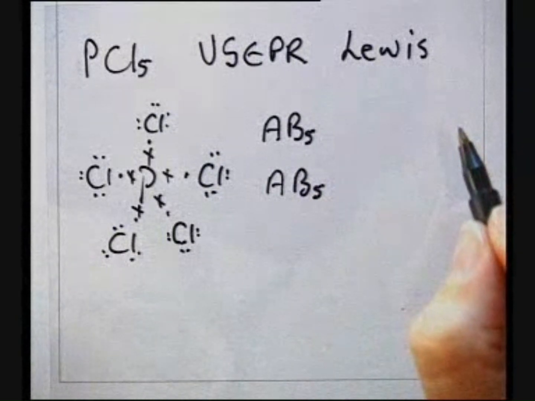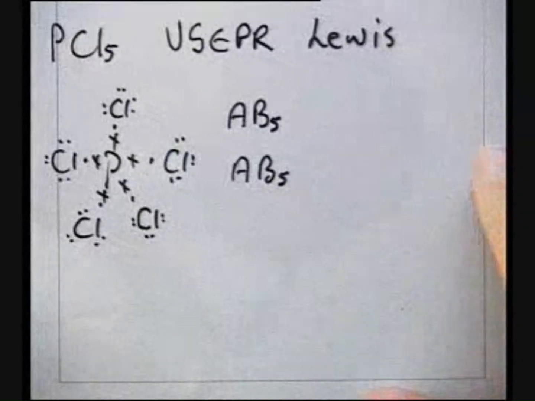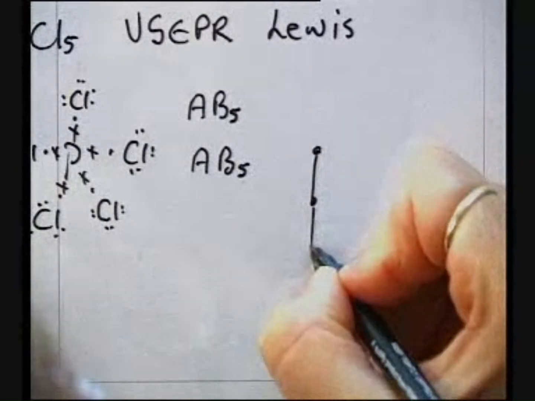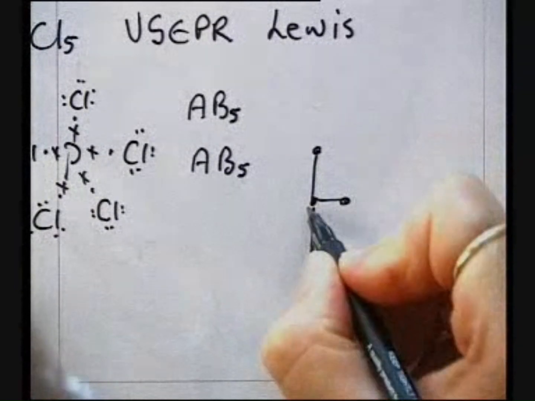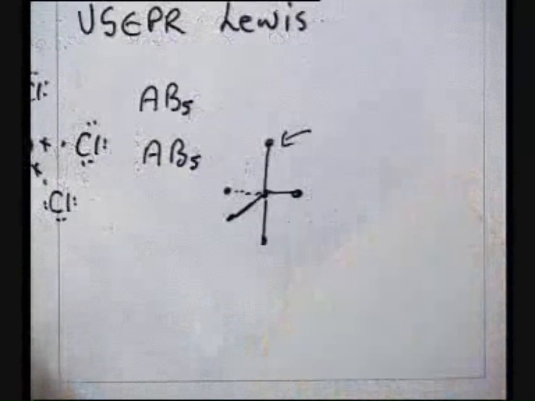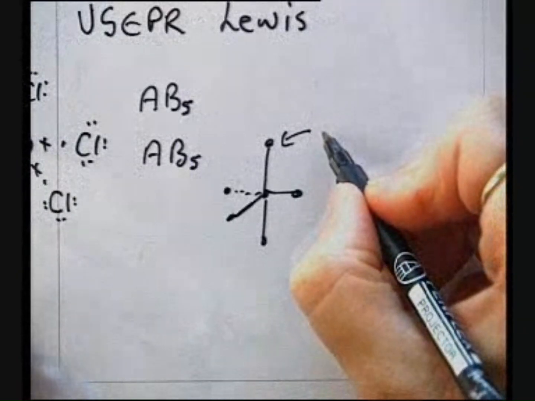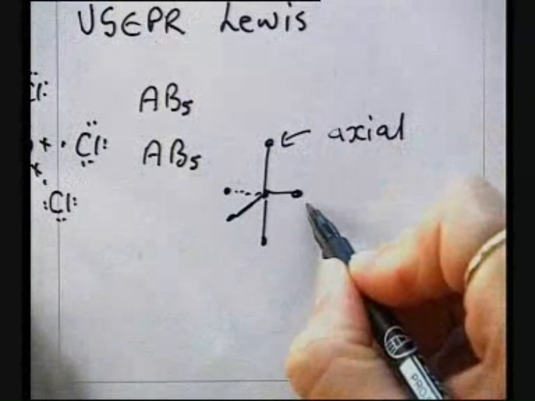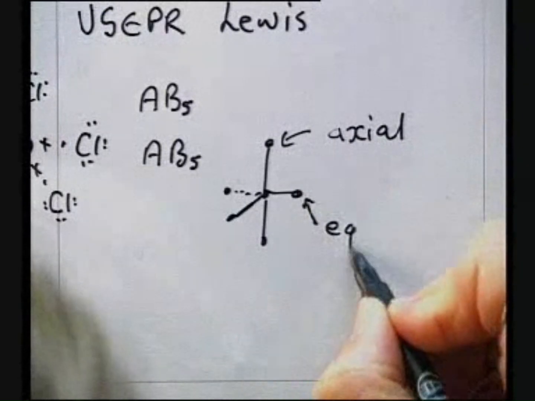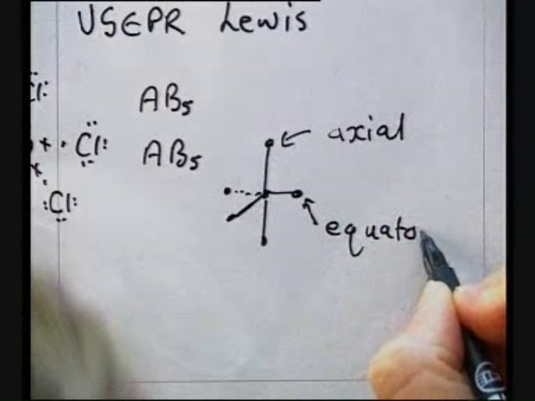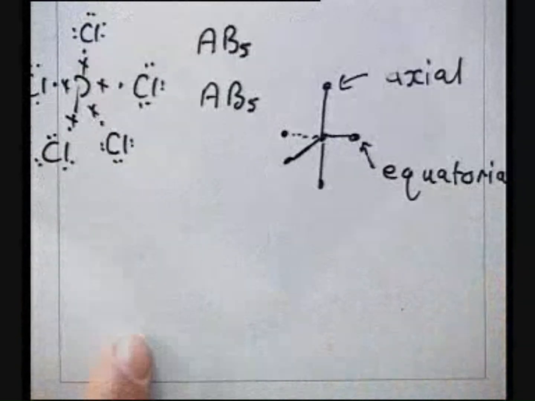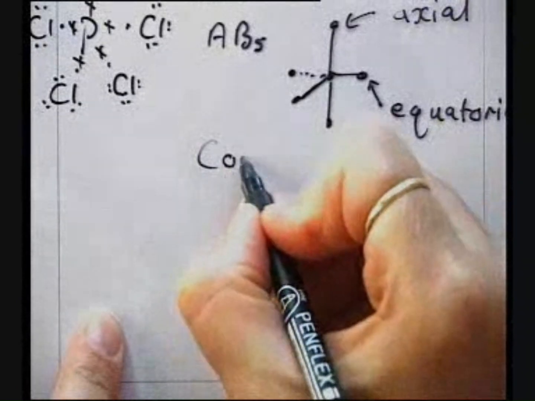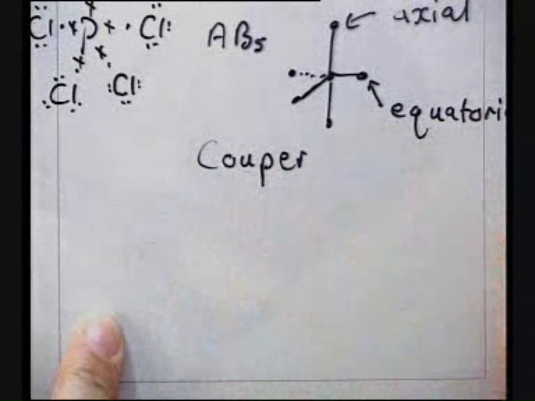For an electron pair geometry AB5, we predict a trigonal bipyramidal molecular geometry. The trigonal bipyramidal structure has an axial and an equatorial position. We will use Cooper or Cowper structures to draw the molecular geometry.